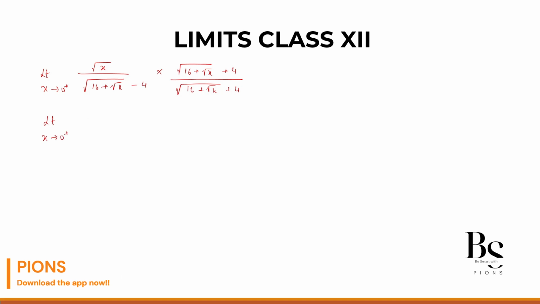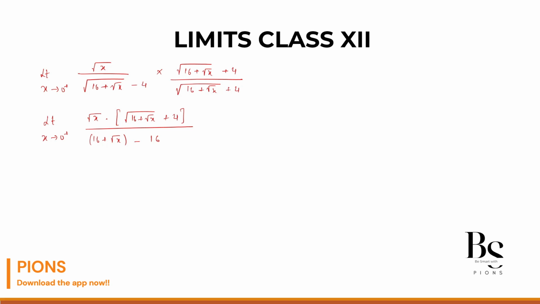So limit x tending to 0 plus root x into root of 16 plus root x plus 4 whole divided by a square minus b square, which is 16. Let me repeat again. This whole thing square, this root will go.